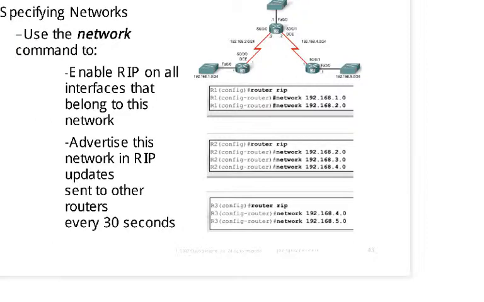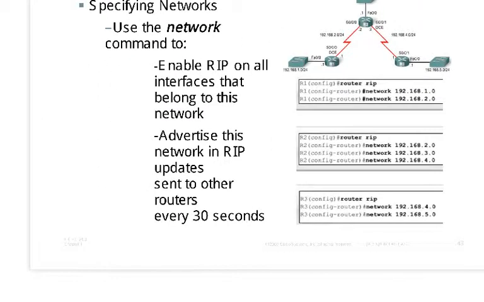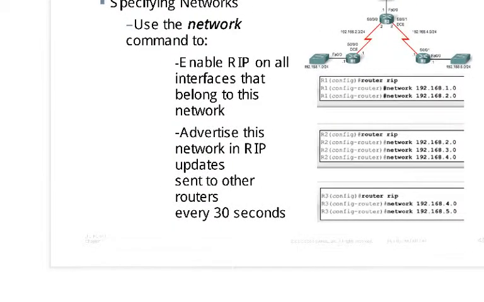Okay, so this triggers RIP to send an update across these networks, and you have to do the same for all of them. So this is what's written here. It enables RIP on all interfaces that belong to this network, and it enables RIP to advertise this network using RIP route updates. Okay, so that's what this command means.